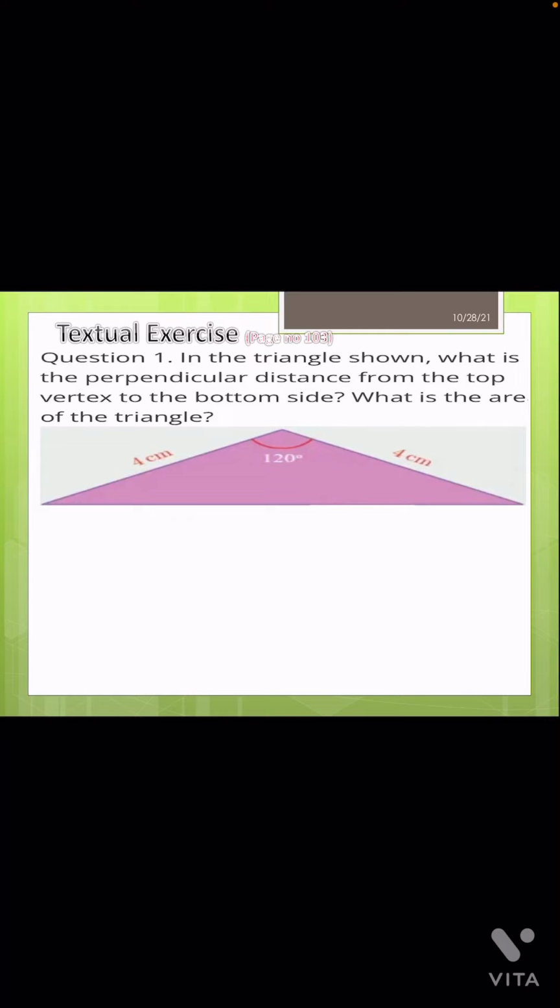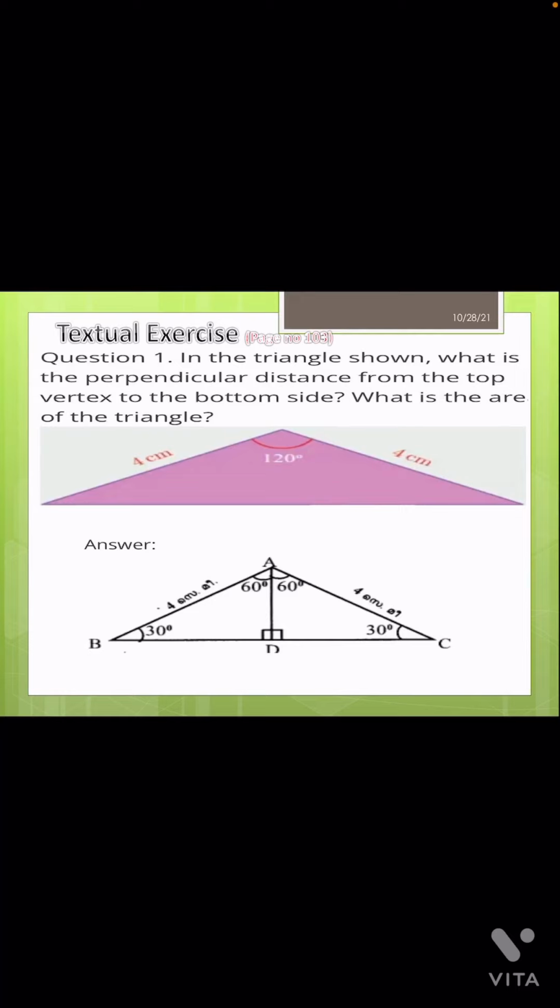In the triangle shown, what is the perpendicular distance from the top vertex to the bottom side? What is the area of the triangle? By drawing the perpendicular from the top vertex to the base, we can split the triangle into two right triangles, ABD and ACD, as shown in the figure.